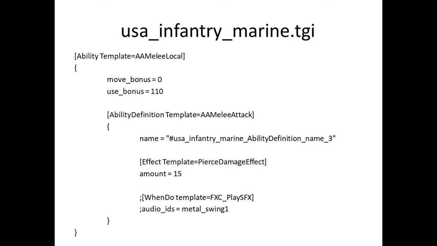Now, as you might guess, that means that the unit has no priority to actually move into place to use the ability. Whereas the use bonus of 110 means if they are in a situation where they can use this ability, they will use it. And they will be incentivized to use it before any other ability.